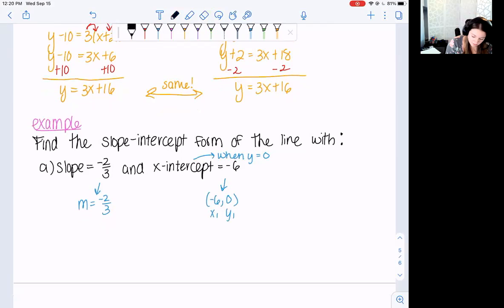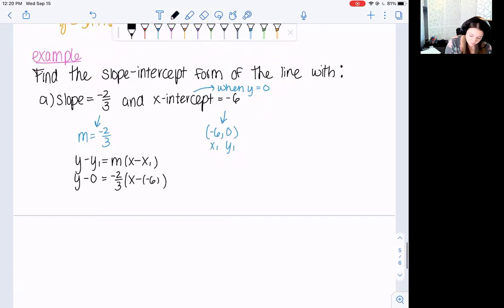I'm going to plug this into my point slope formula. So y minus y1 equals m times x minus x1. We have y minus 0 equals negative 2/3 times x minus negative 6.